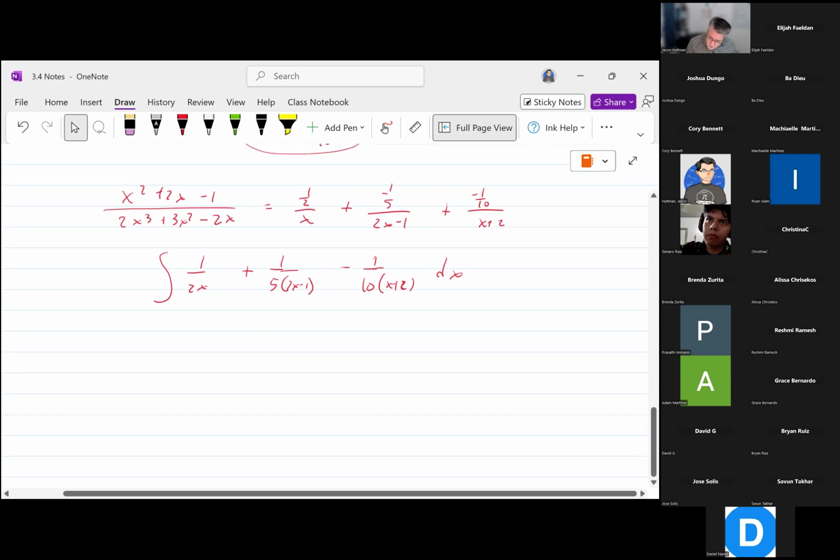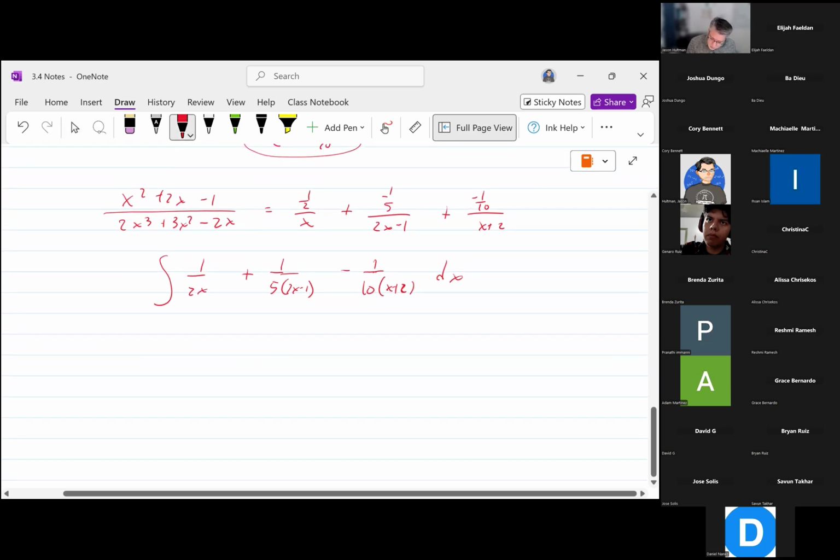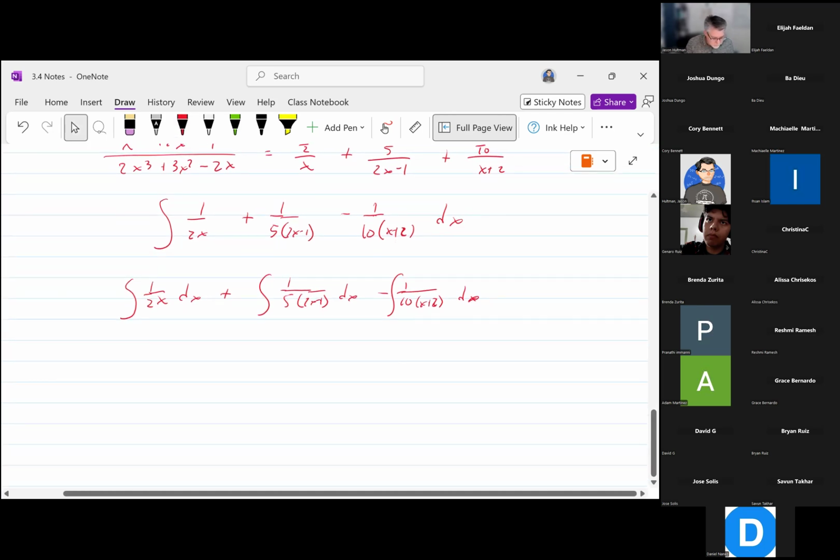Okay, so let's break this up into three separate integrals. This is the integral of 1/2, 1 over 2x dx plus the integral of 1 over 5 times 2x minus 1 dx minus the integral of 1/10 times x plus 2 dx.